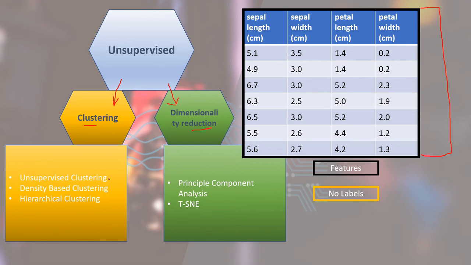So just for your sake, there are many types of clustering. I have listed three here: partition-based clustering, density-based clustering, and hierarchical clustering. Similarly, there are many dimensionality reduction techniques. I have introduced you to two of the most important ones: principal component analysis, also called PCA, and something called t-SNE.